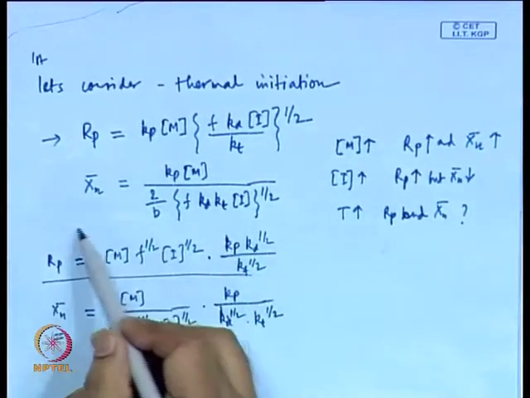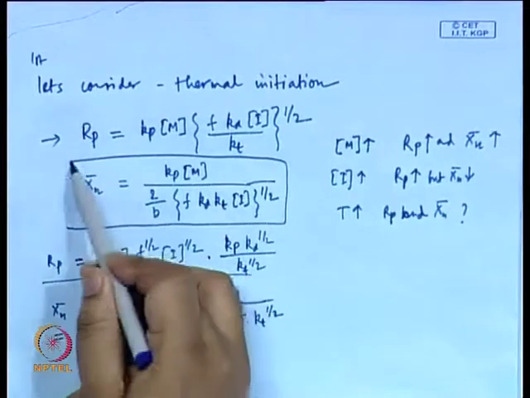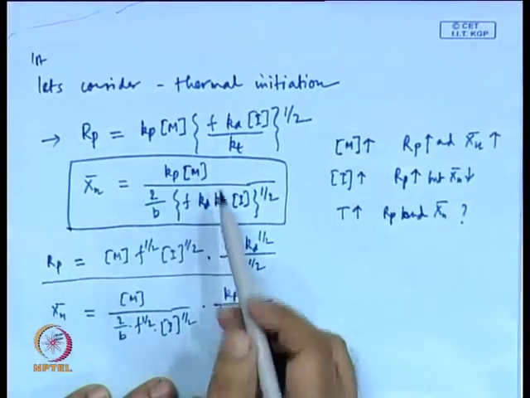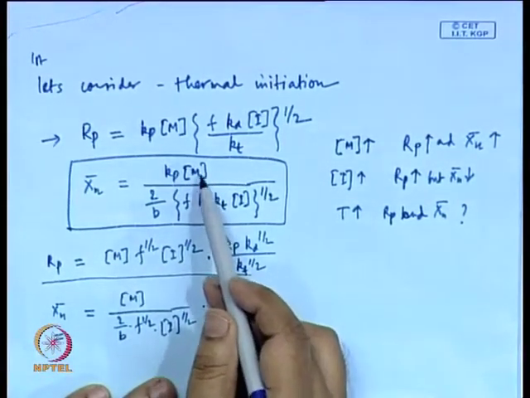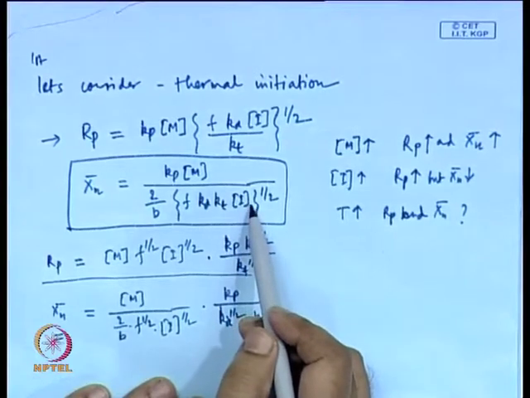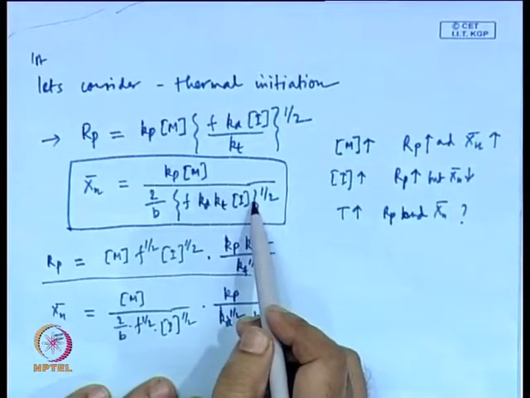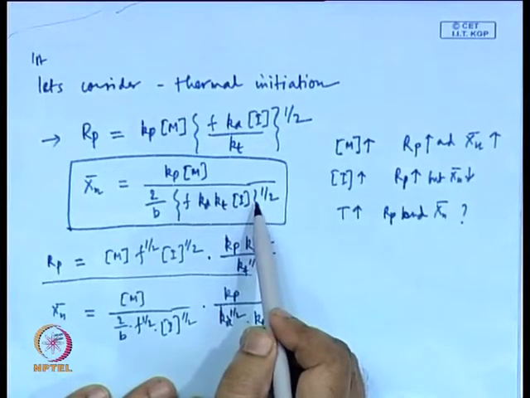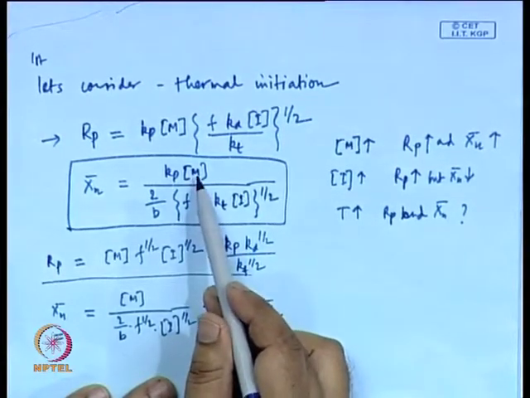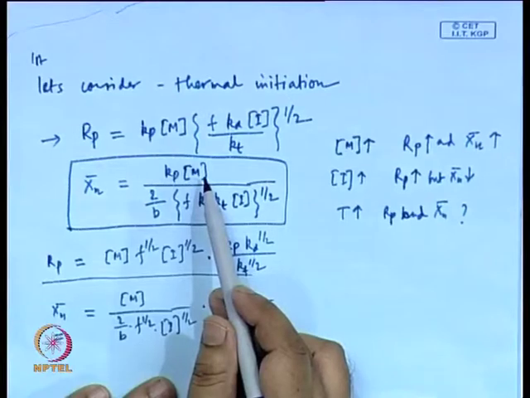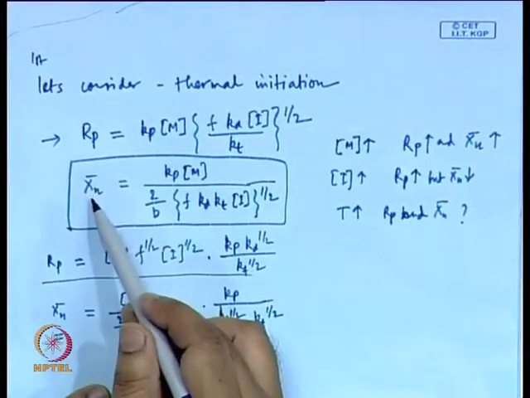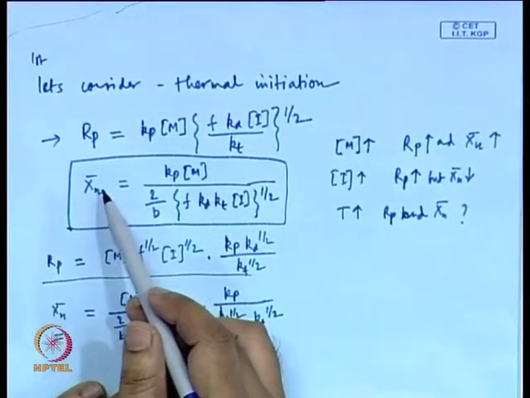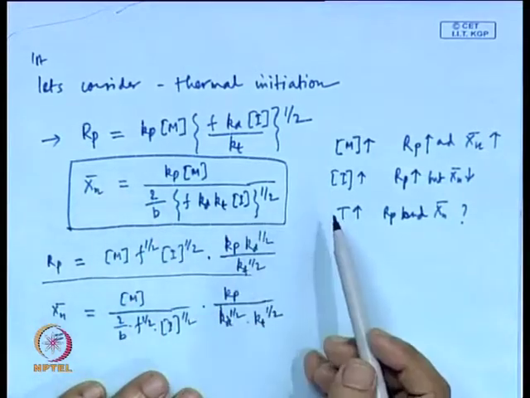If you consider this expression, with time the concentration of monomer drops, and so does the concentration of the initiator. The drop in I is much sharper compared to the drop in the concentration of M, which means that Xn, the average degree of polymerization or the molecular weight, increases with time.